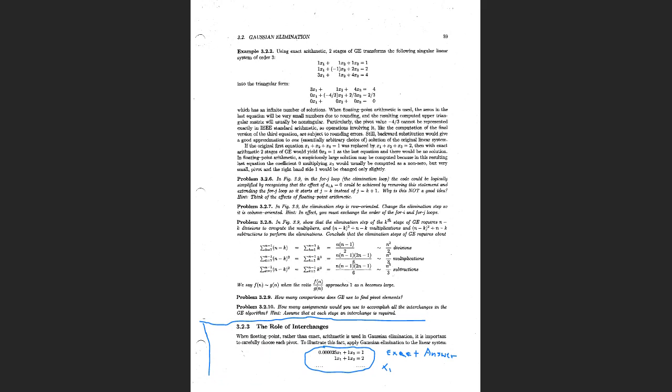x1 equals 40,000 over 39,999, okay, and x2, okay, so x1, and you're welcome to write it in.